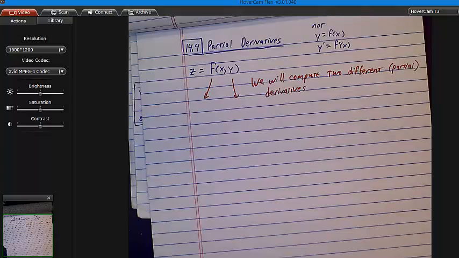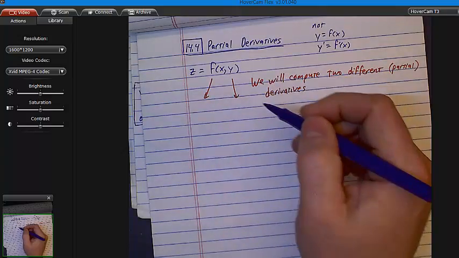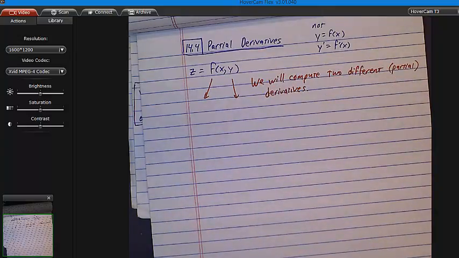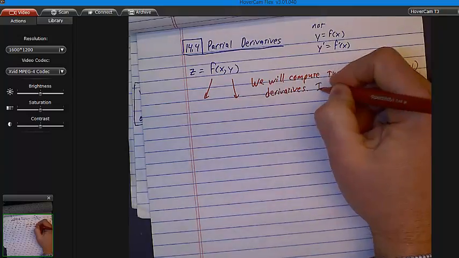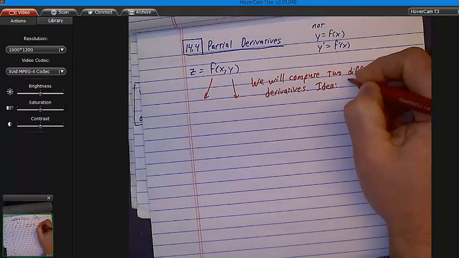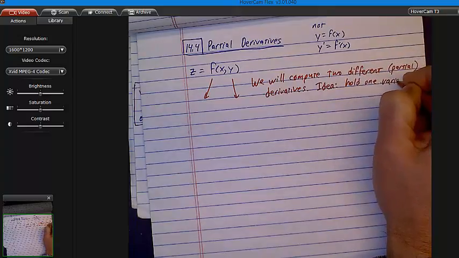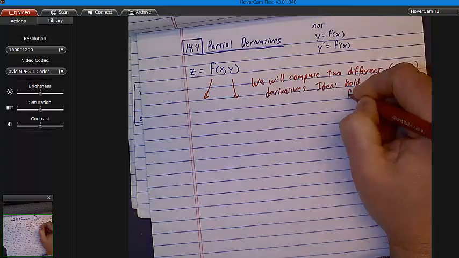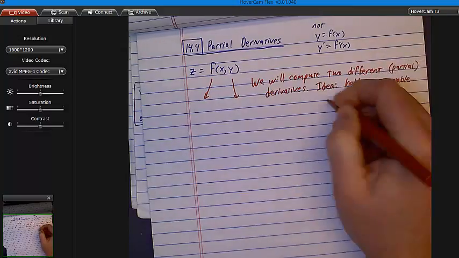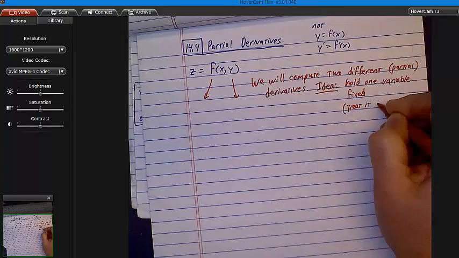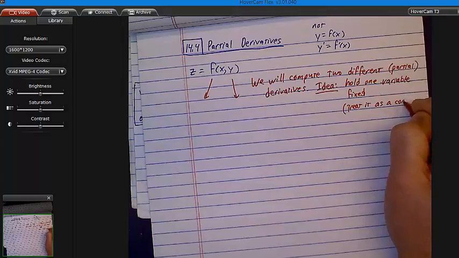Okay? So maybe the idea is to hold one variable fixed, or treat it as a constant.